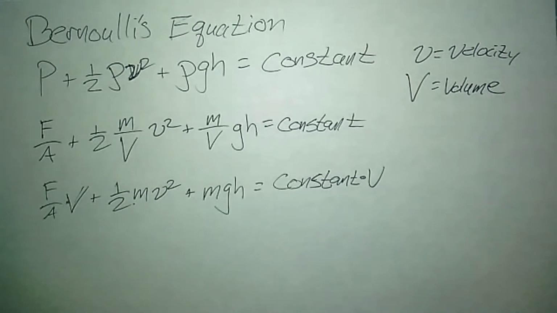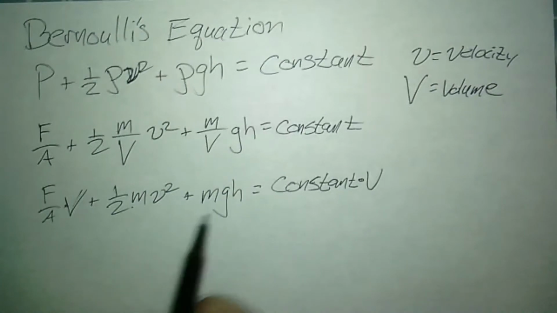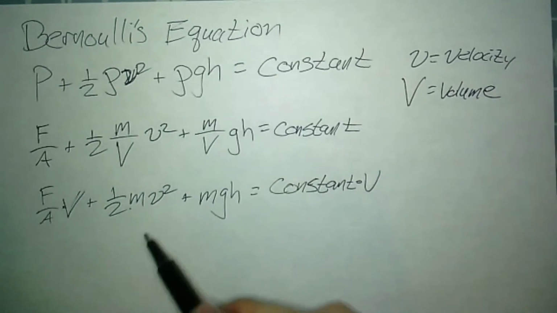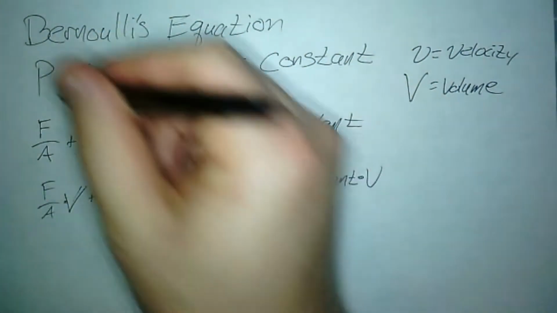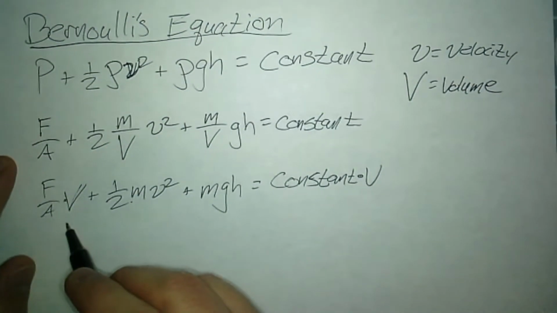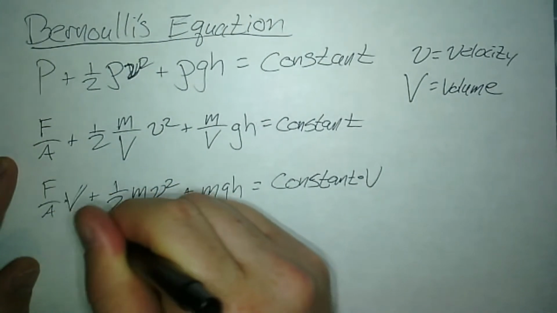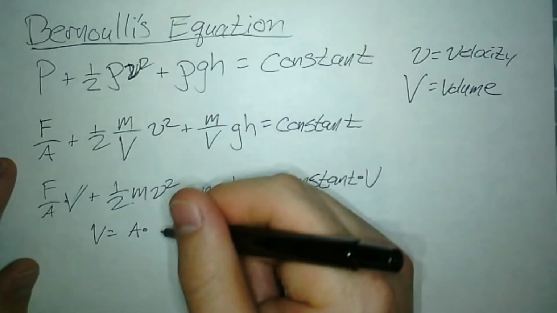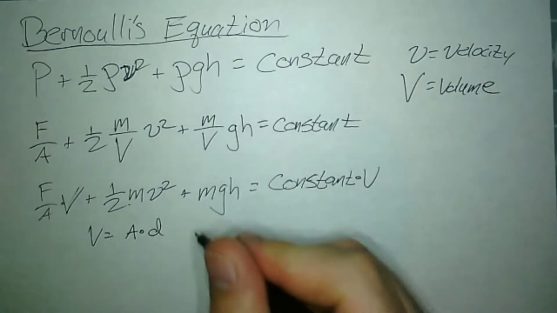So now I've gotten two terms that look a lot like energy, right? That looks like kinetic energy, that looks like potential energy. But what's this term on the left here? Well, what if I rewrite volume as area times height or depth, or some other variable.